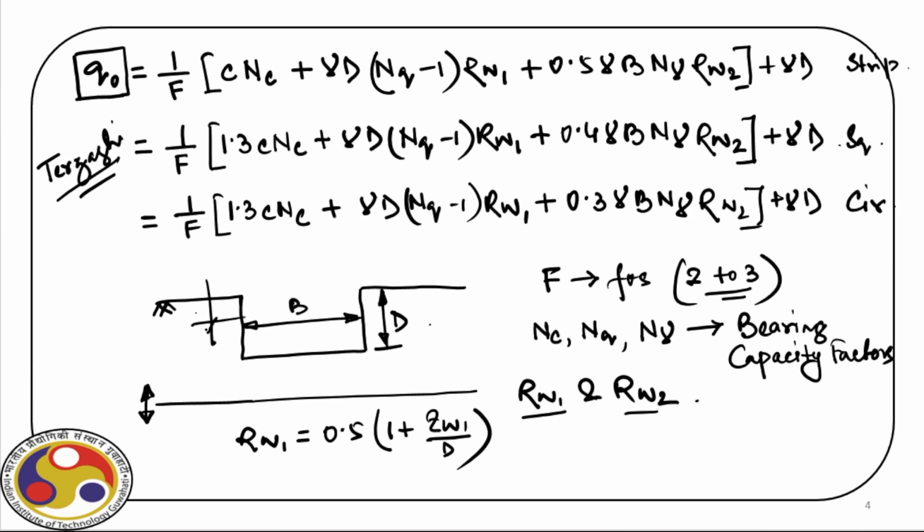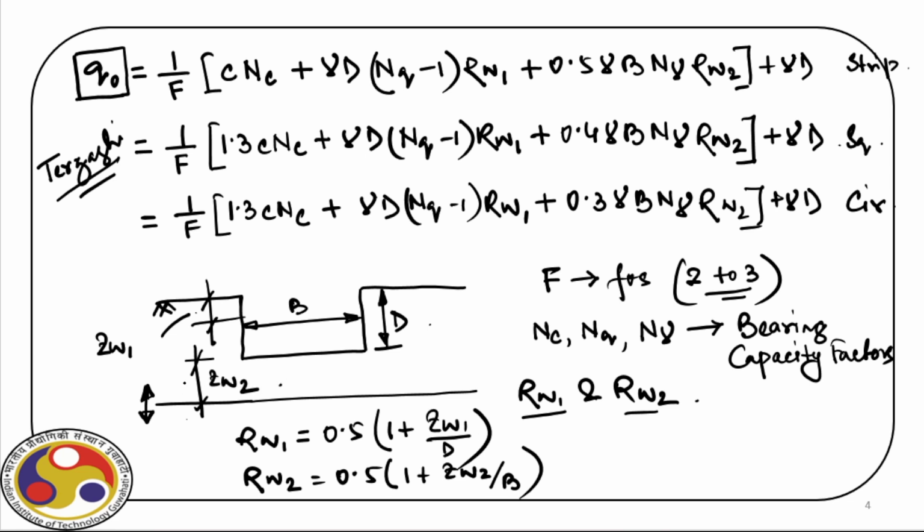So this is Zw1. Similarly, Rw2 is equal to 0.5 into (1 + Zw2/B). So Zw2 is somewhere here. So depending upon the location of the water table, we have these two reduction factors.